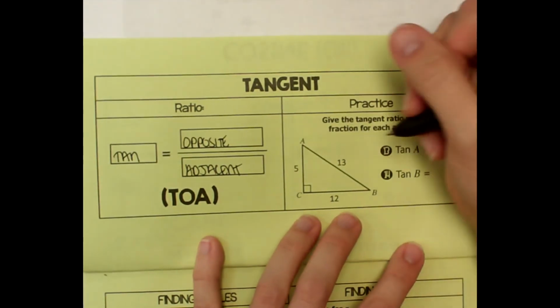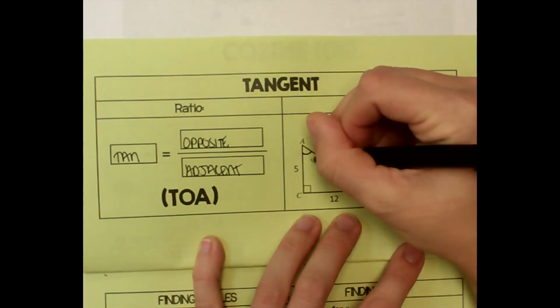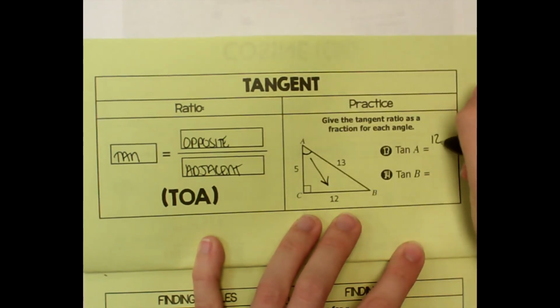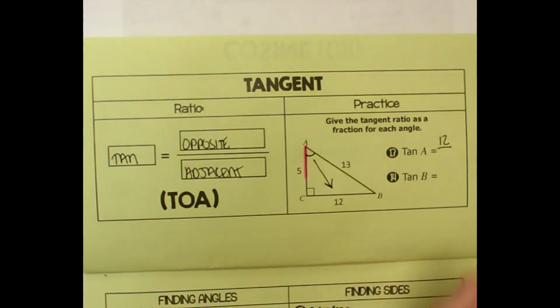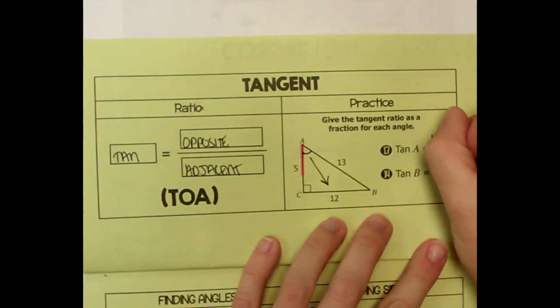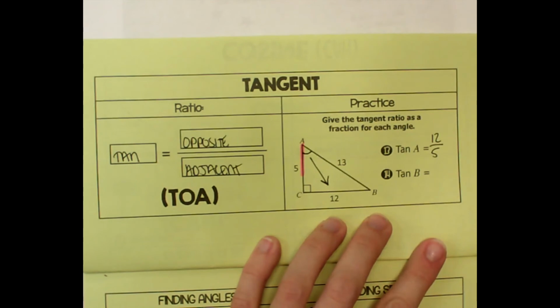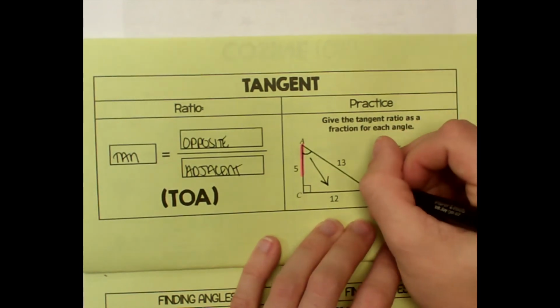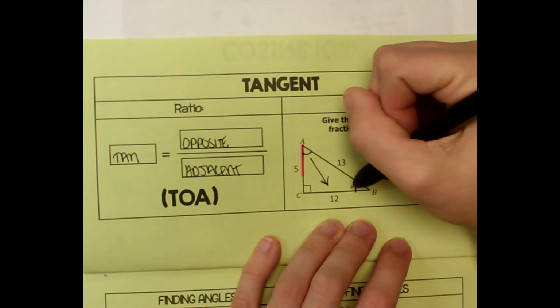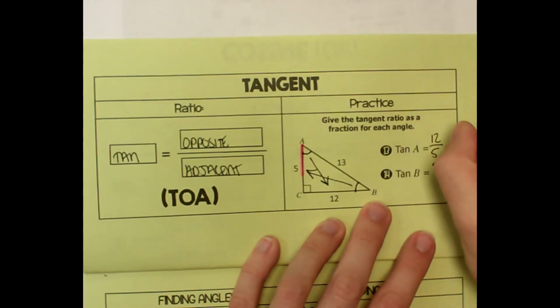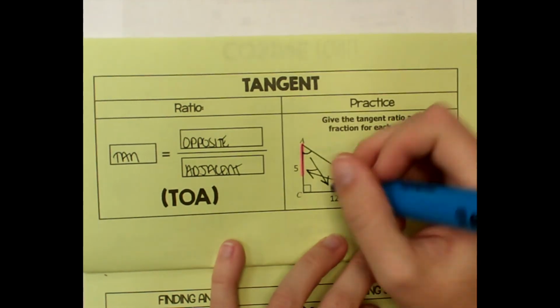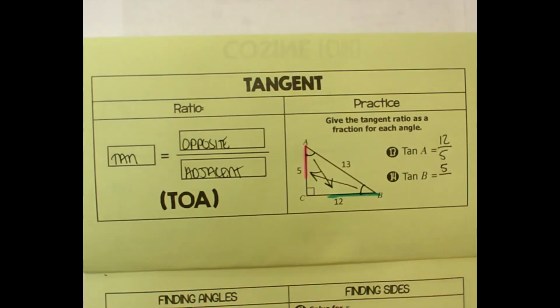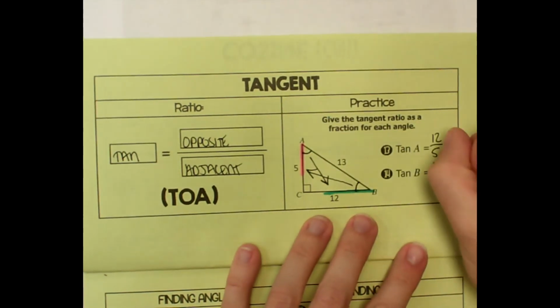When we look at angle A, your opposite side is 12 over the adjacent, which is 5. Tangent of angle B: your opposite side is length 5, and your adjacent is going to be 12.